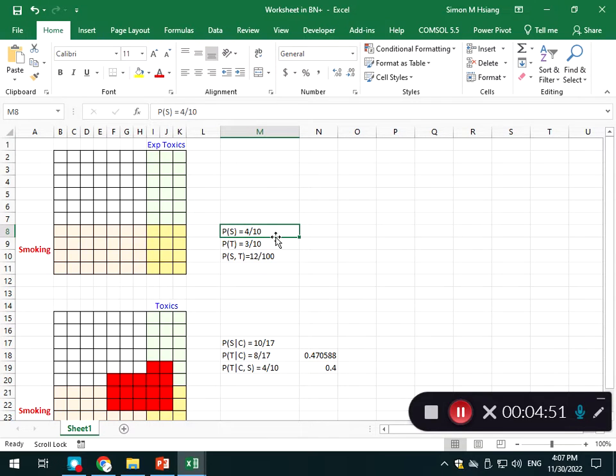Look at here. By definition, the probability of smoking is 40 out of 100, so 4 over 10, or 40 out of 100. And in a toxic environment, I have 3 columns. Then the probability of smoking and toxic is 12.